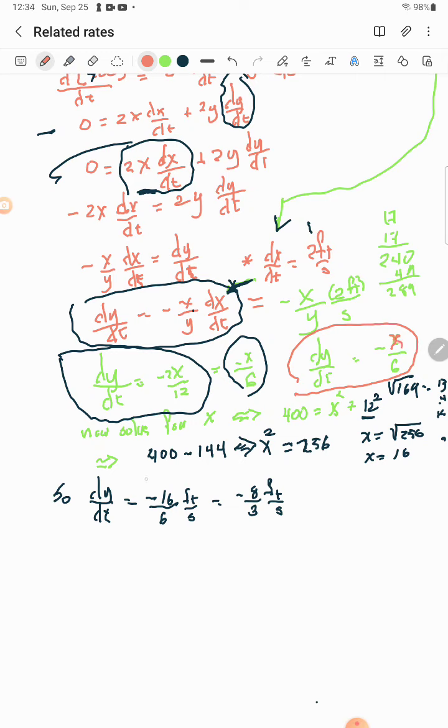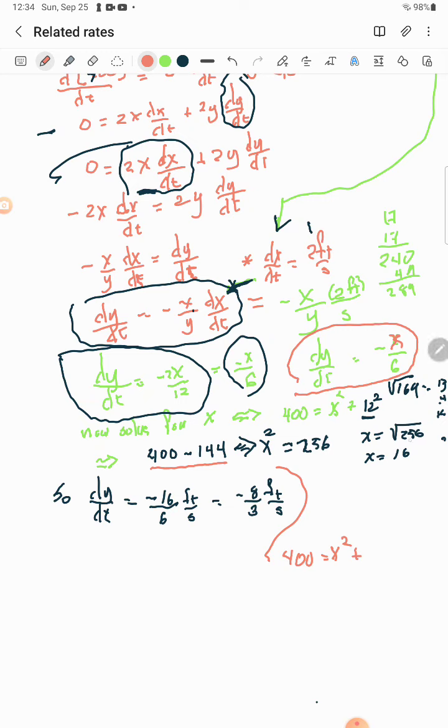Well, remember we had the Pythagorean theorem, right? So if I'm trying to find out what x squared is, what we had is 400 minus 144. Why is that? Because remember over here 400 was equal to x squared plus y squared.